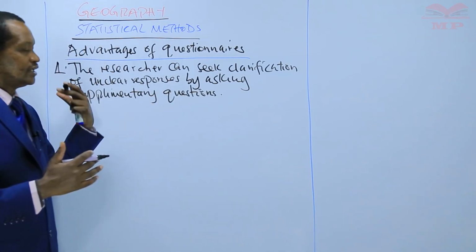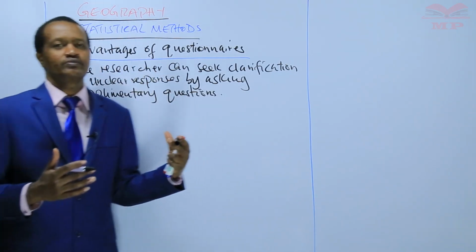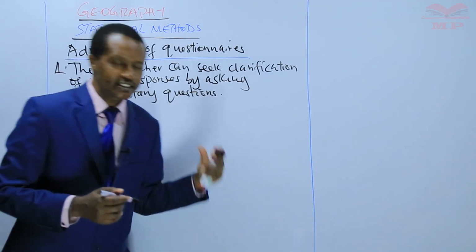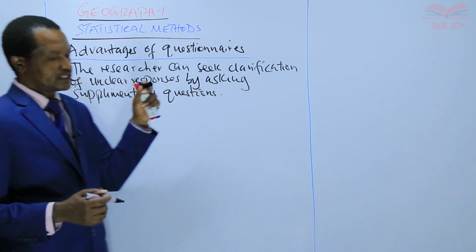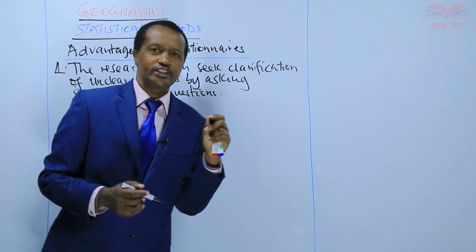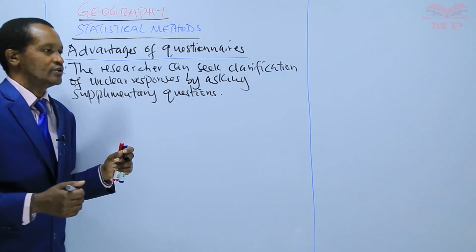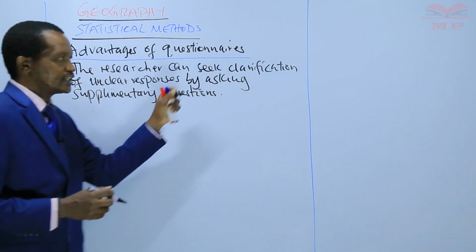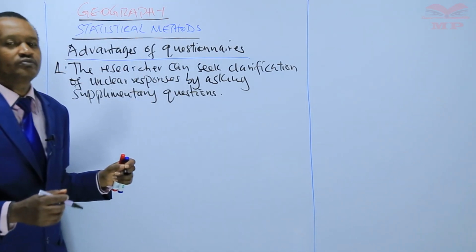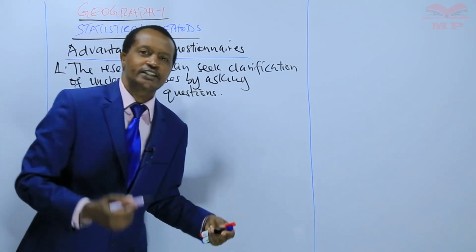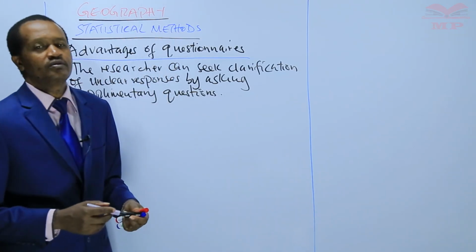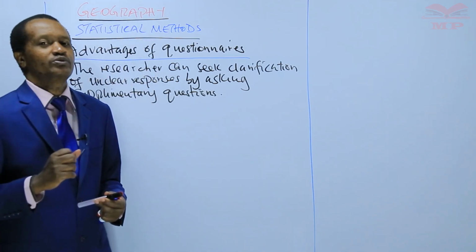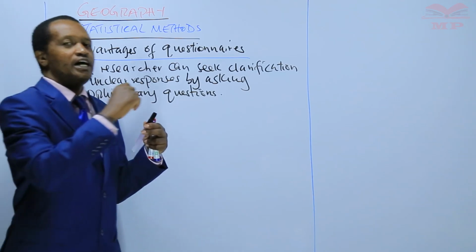So when the researcher asks a question and the respondent has answered that question, but the answer is not clear to the researcher, the advantage is that the researcher can seek clarification by asking supplementary questions, like, what do you mean? That is a question. Or you can ask another question.